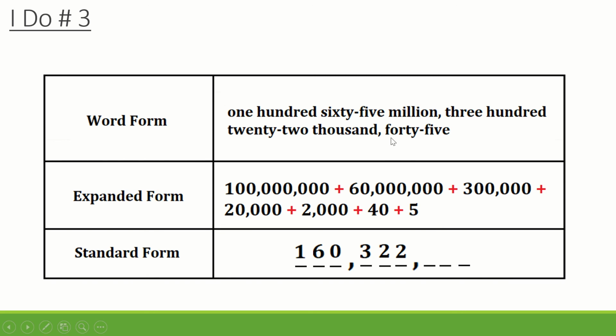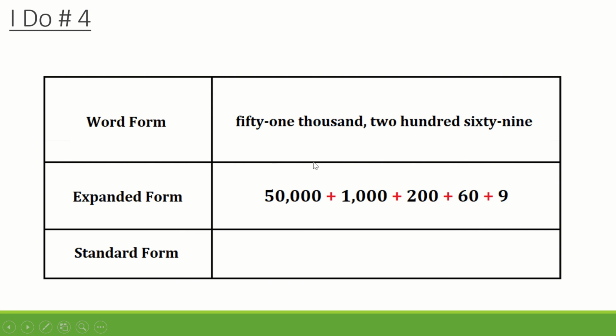We just simply jump into 40, as is shown here in word form, but also expanded form. So I'm going to put a 0 here in my hundreds place, a 4 in my tens place, and finally a 5 in my ones place. And so our number that we just converted from both word and expanded form into standard form is 160,322,045.